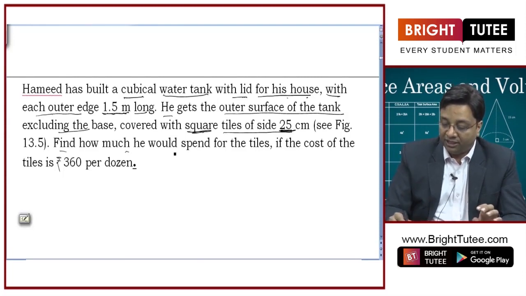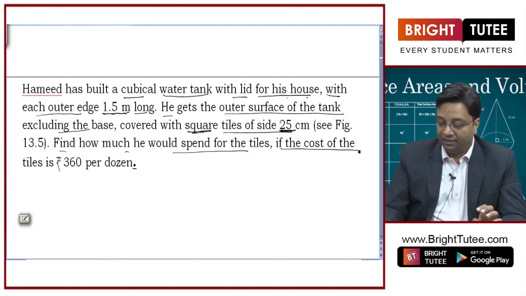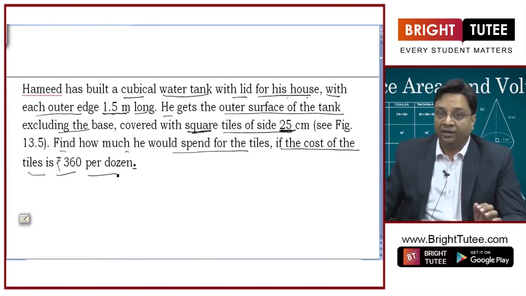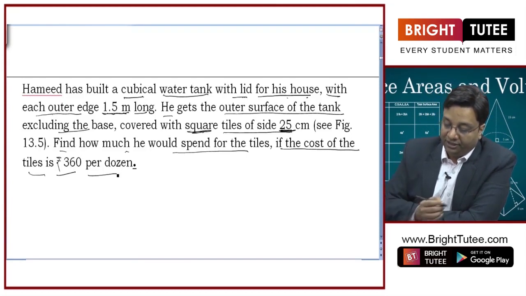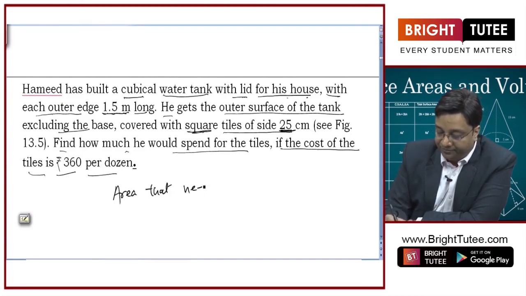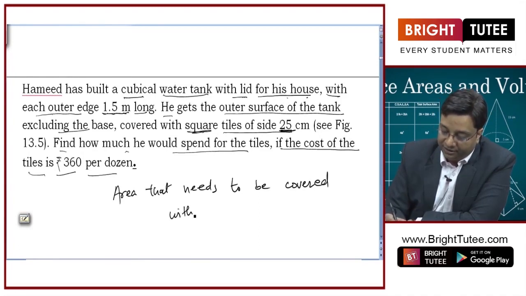Find how much he would have to spend for the tiles if the cost of tiles is rupees 360 per dozen, okay. Now, first thing that we need to calculate is the area that needs to be covered with tiles, right?